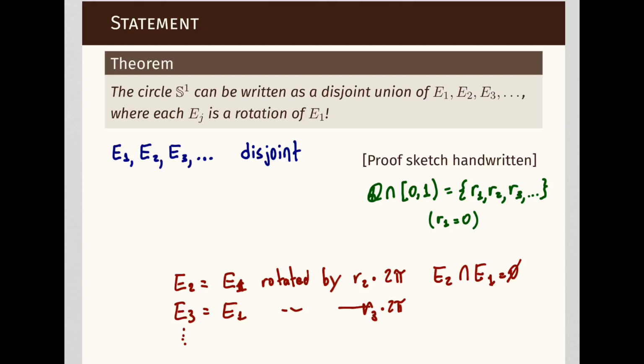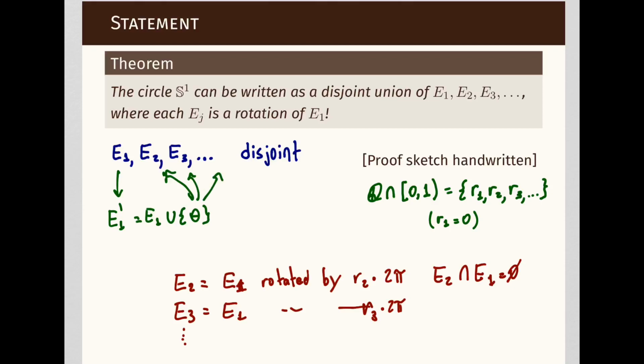Now what we can do from here is make E1 bigger. Let's take a new E1, E1 prime, to be E1 union some angle theta, and I'll choose theta so that it is not in any of these sets.